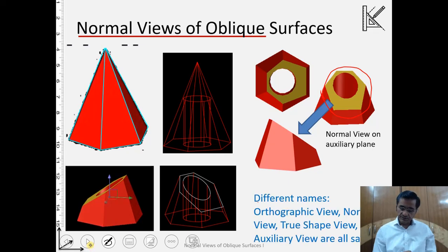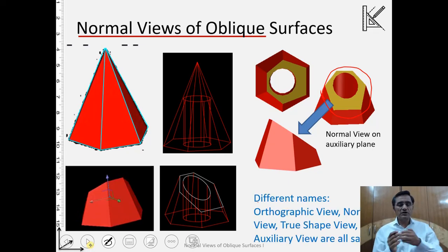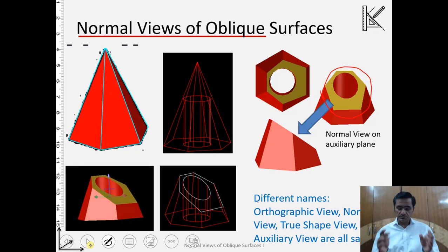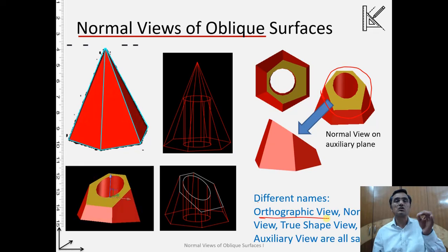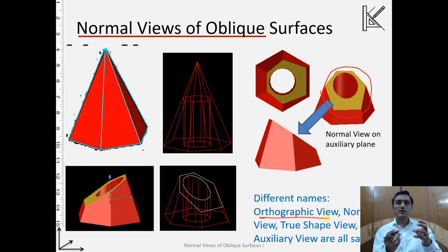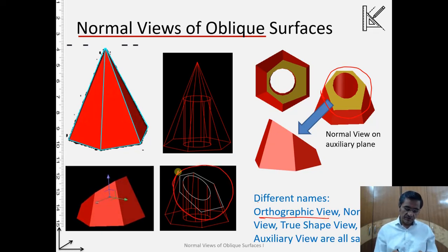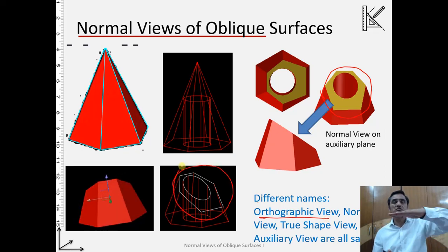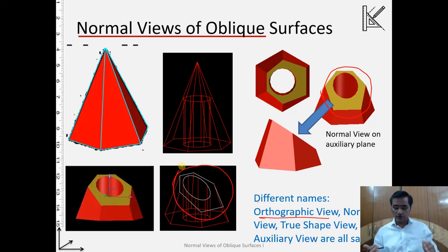Some more things. When we say normal view, there are different names for the same thing. For example, I can say orthographic view or true orthographic view. Orthographic view can be also a foreshortened view, because when, say, this surface here, it is being projected onto the horizontal, it is an orthographic view, but it is a foreshortened view.